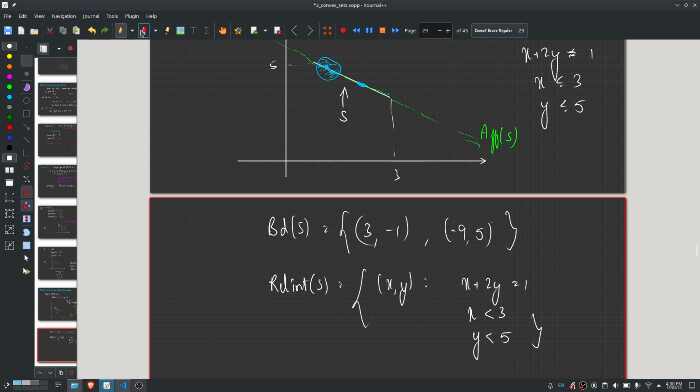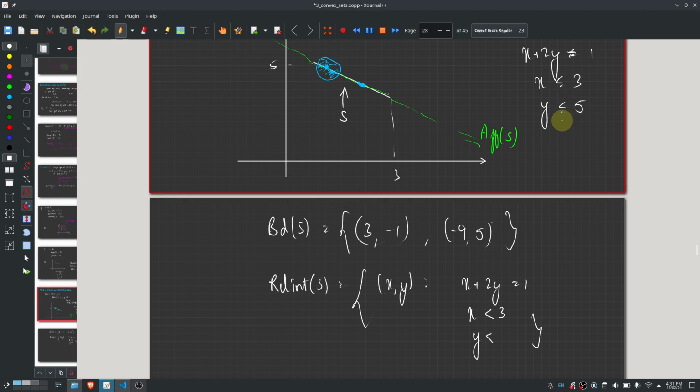Ah, you're right. I think I should have. I think the slope is. y should be. No, y should still be less than 5, no?